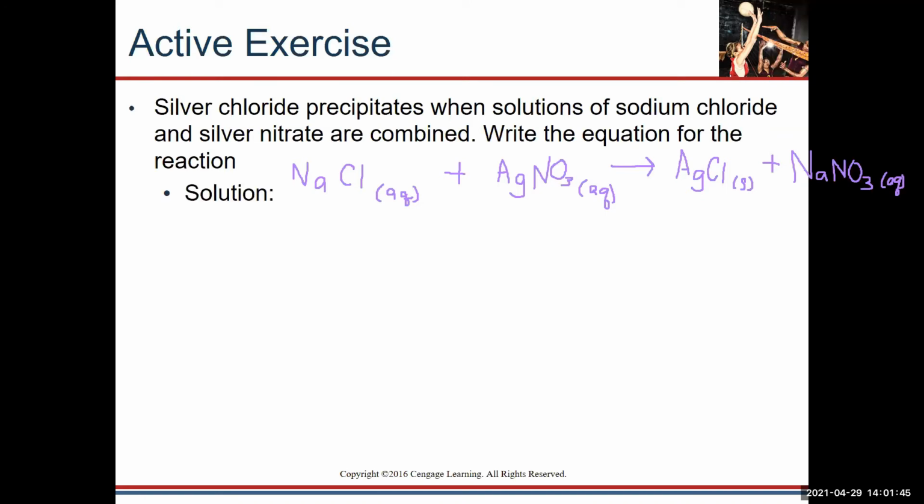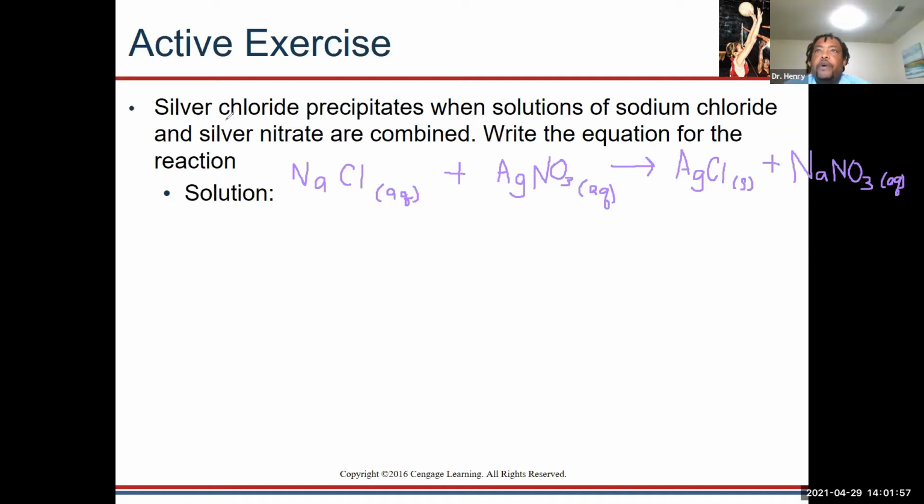I have a question, Dr. Henry. Yes, Helen. Why did you put sodium chloride first instead of silver chloride? Because if you read the question, it says silver chloride precipitates when solutions of sodium chloride and silver nitrate are combined. So these are going to be my reactants, because the only way that this is made is by these coming together.